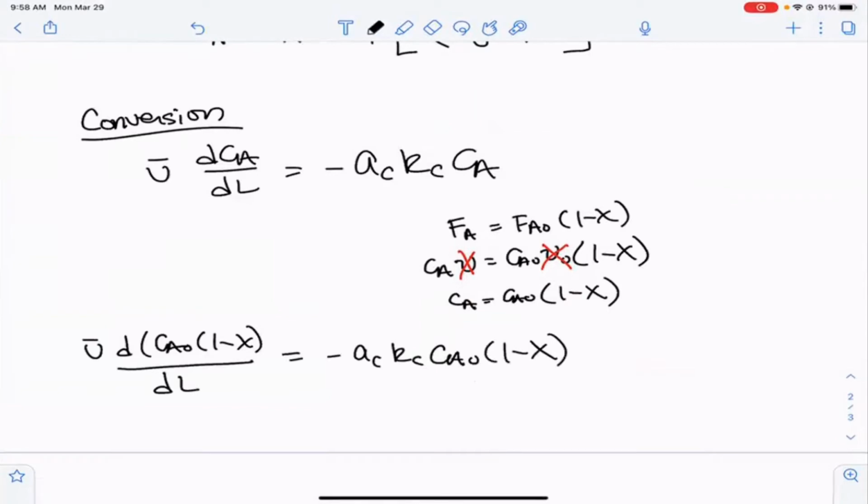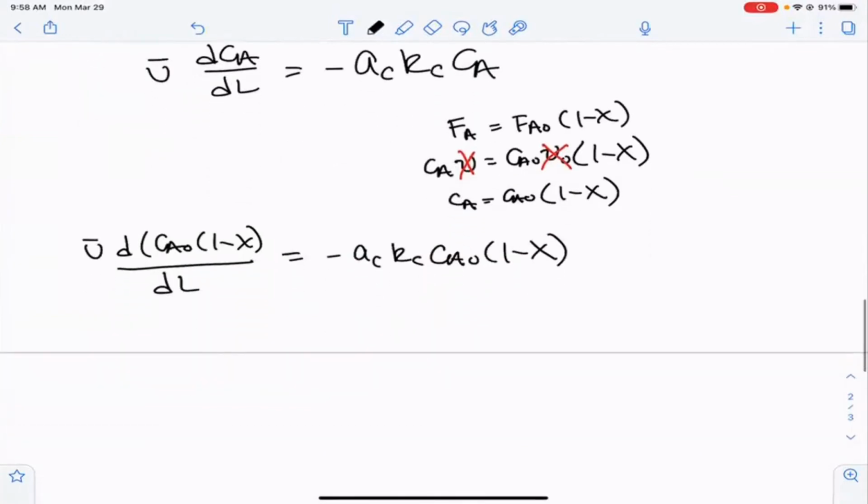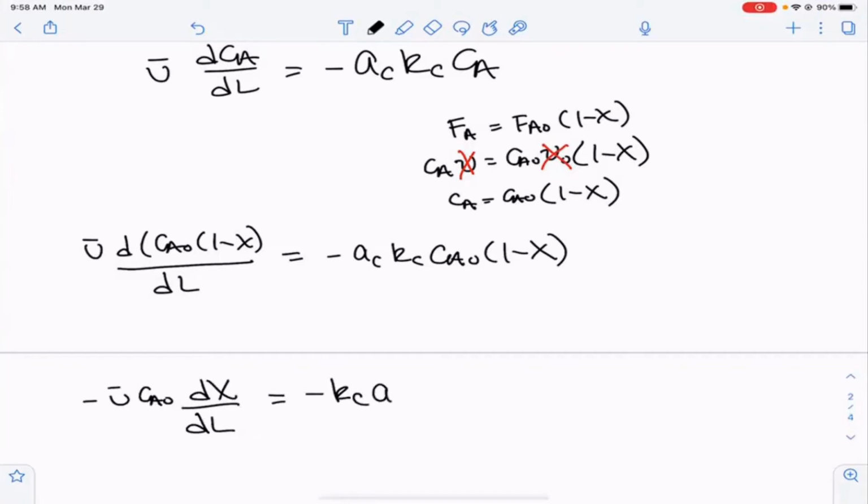And of course, d of Ca0 times 1 minus x is just minus Ca0 times dx. We've done that a couple of times as well. That makes the left-hand side just minus U times Ca0 times dx dl, and that equals minus Kc times AC times Ca0 times 1 minus x.